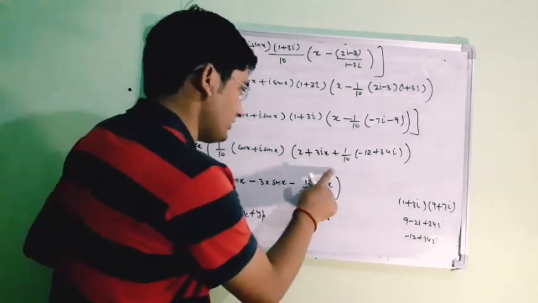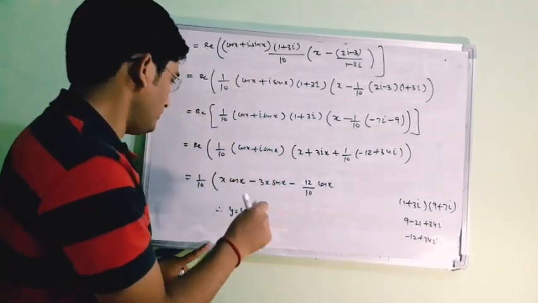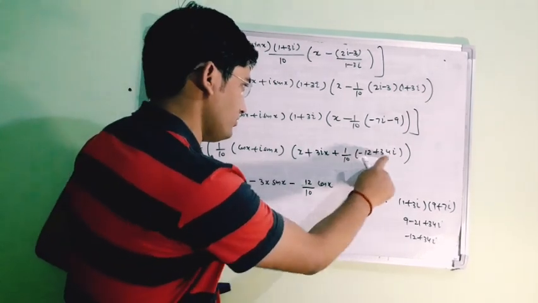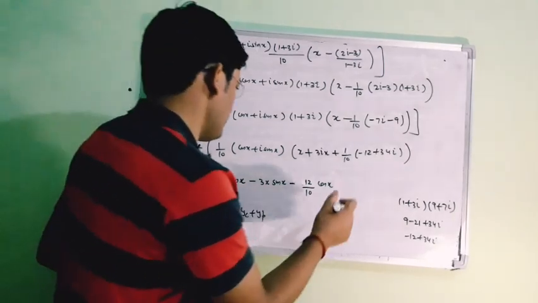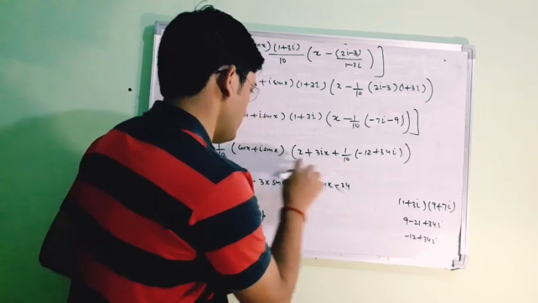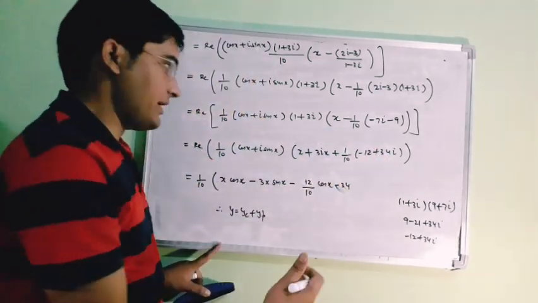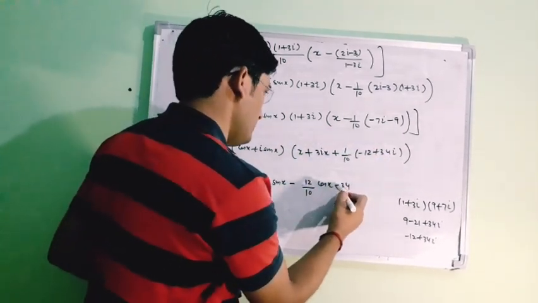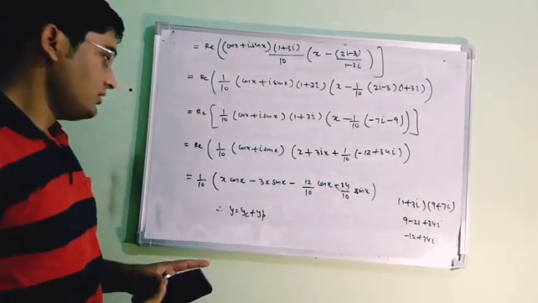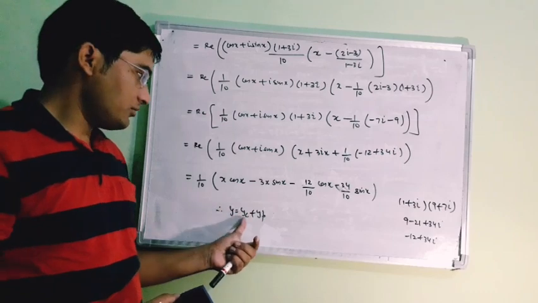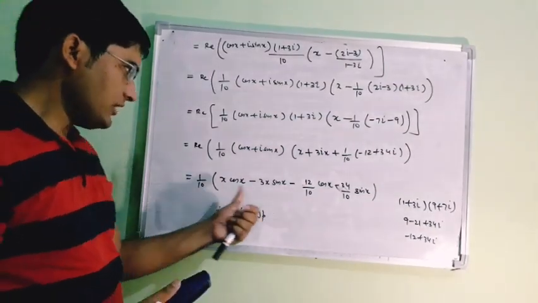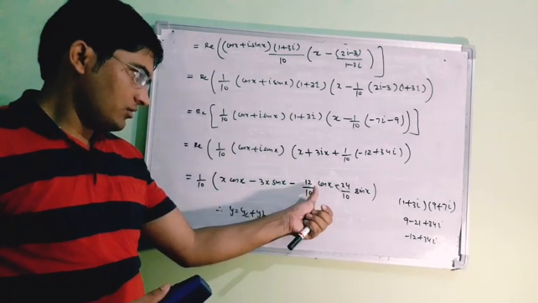Then we will have one more term of the real part, that is when we will multiply this sine to this term, and that will be our 34 minus 34. i into i will be i square is minus 1, so this will be minus 34 upon 10 sin x. So this is our particular integral, and the sum of these two solutions will be our general solution of the problem. Here we can take LCM.